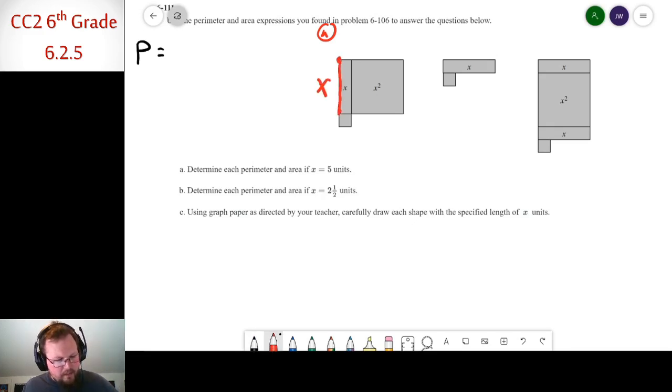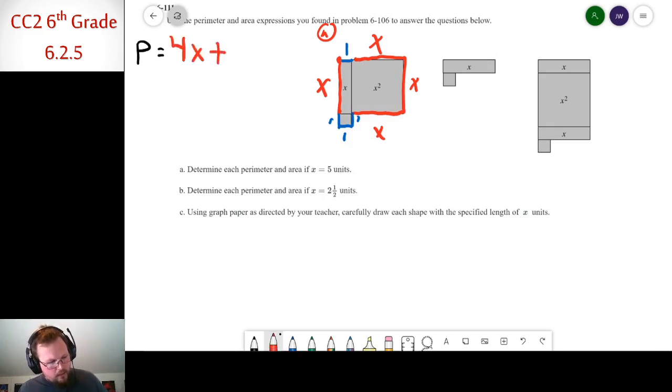This is x, x, x, and x. And then each of these is 1, 2, 3, 4. So in this case, my perimeter can be written as 4x plus 4. Just by combining like terms ahead of time, you should have already had this from your homework.